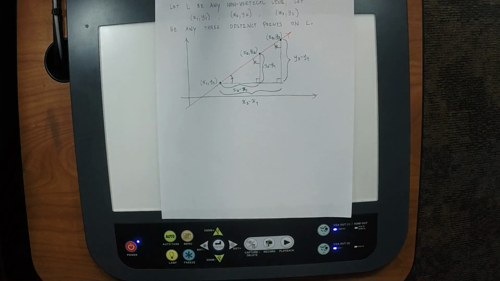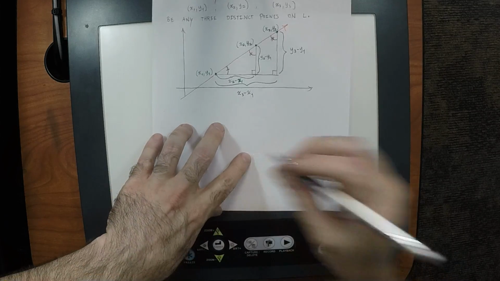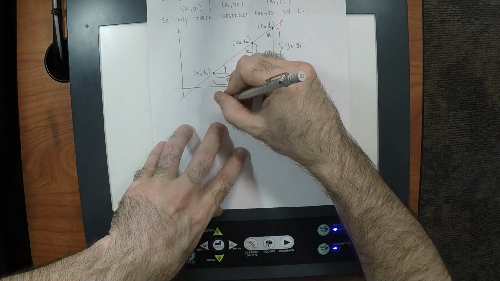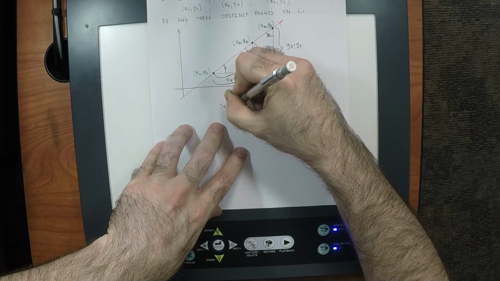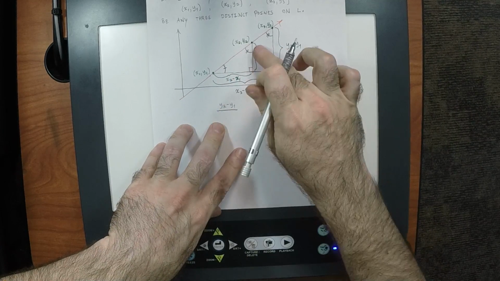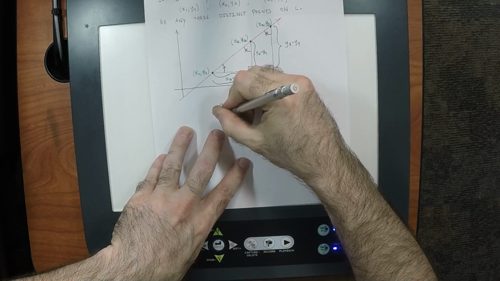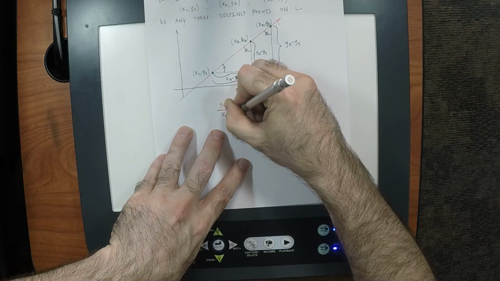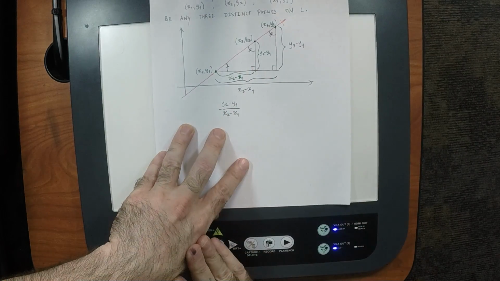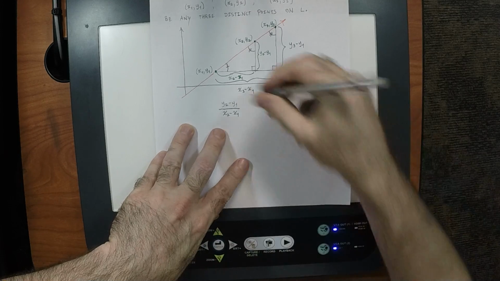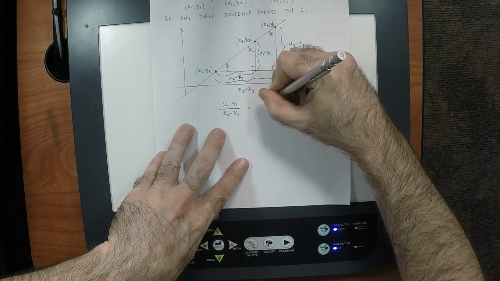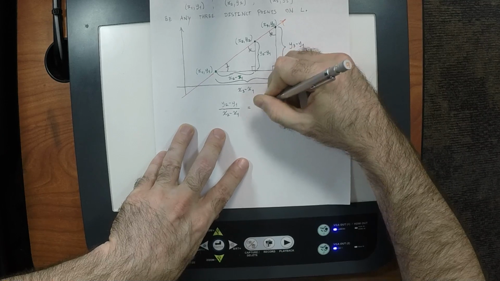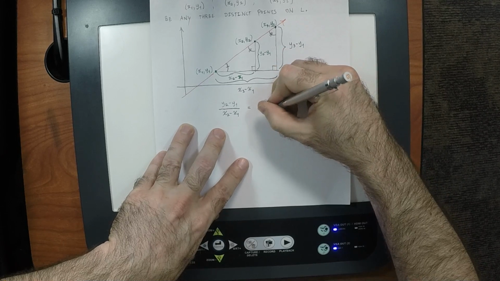So the fact that these triangles are similar is saying that it must be the case that y2 minus y1, the height of the little triangle, over the base of the little triangle, has to be equal to the height of the big triangle divided by the base of the big triangle.